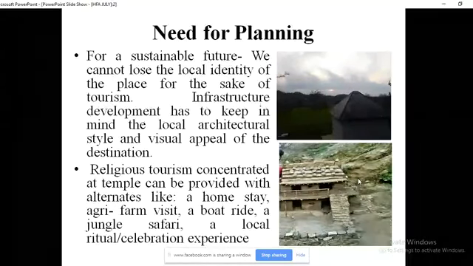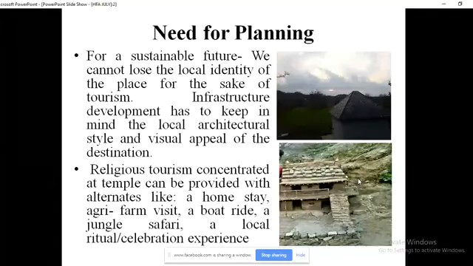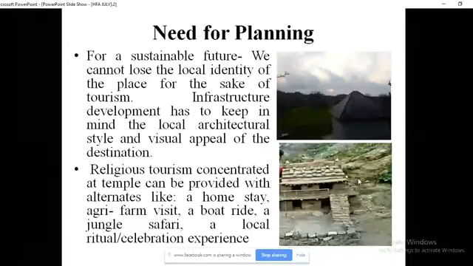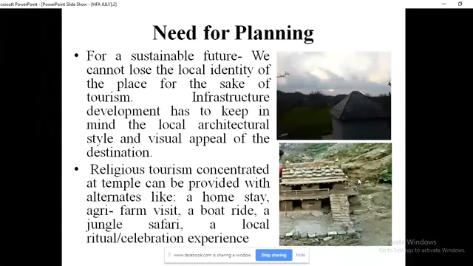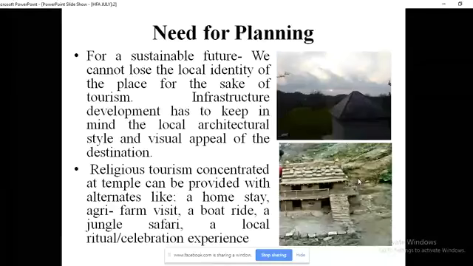For example, here in Naina Devi, religious tourism is concentrated at the temple, but we can provide tourists with other alternatives like a homestay, an agri-farm stay, agri-farm visit, a boat ride, a jungle safari, local ritual participation, celebration, experiences that will matter, that will be something unique and that won't harm the local identity, the environment, or the identity of the place.